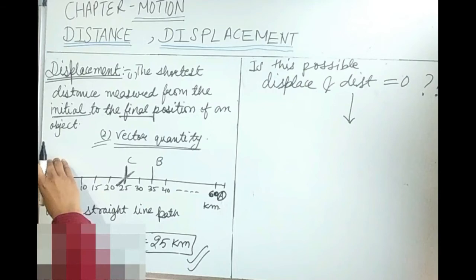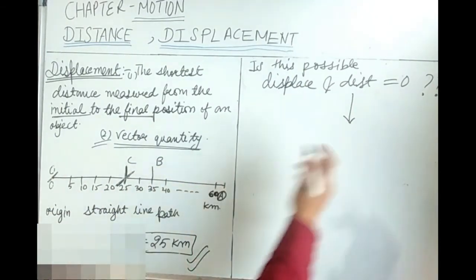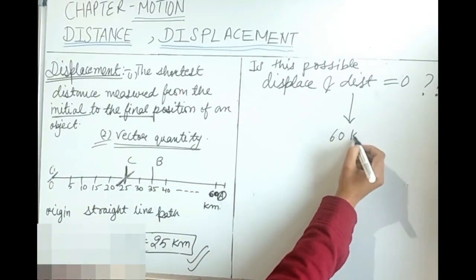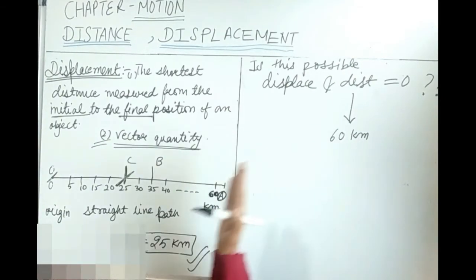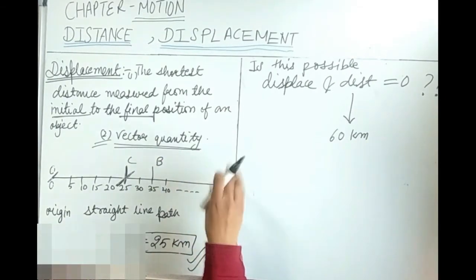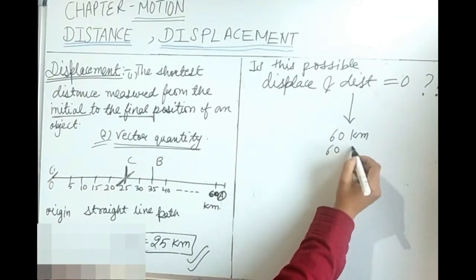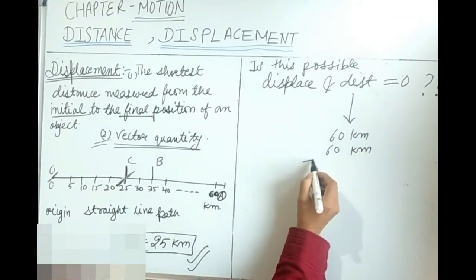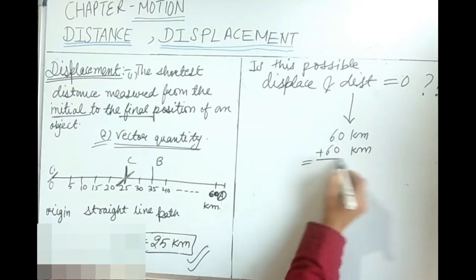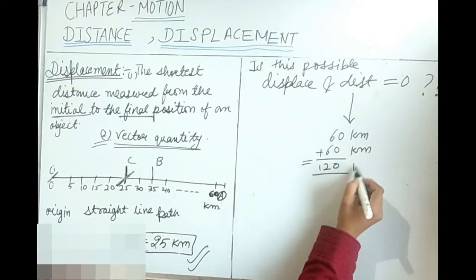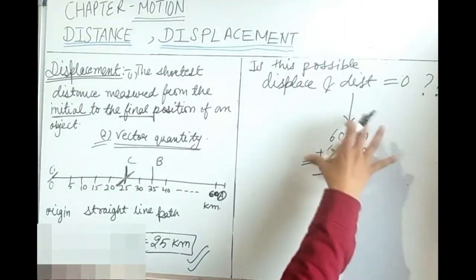Object has traveled from O to A. It has covered 60 kilometers, and when it has reached from A to O back, it has again covered 60 kilometers. The total distance covered is, you just add them, 120 kilometers. This is all about distance.